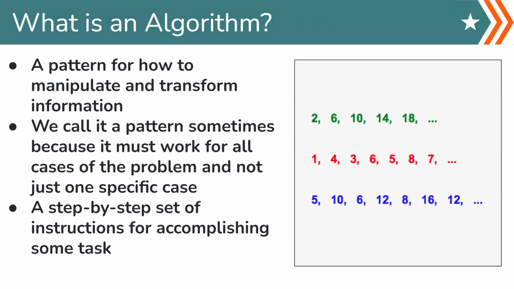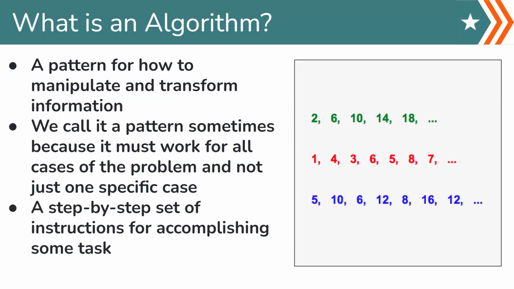What is an algorithm? Who can take a quick guess of what is an algorithm? It's on the slides, right? But essentially, it's a pattern, a pattern to either manipulate or transform information. And the code snippet you have here is random numbers.